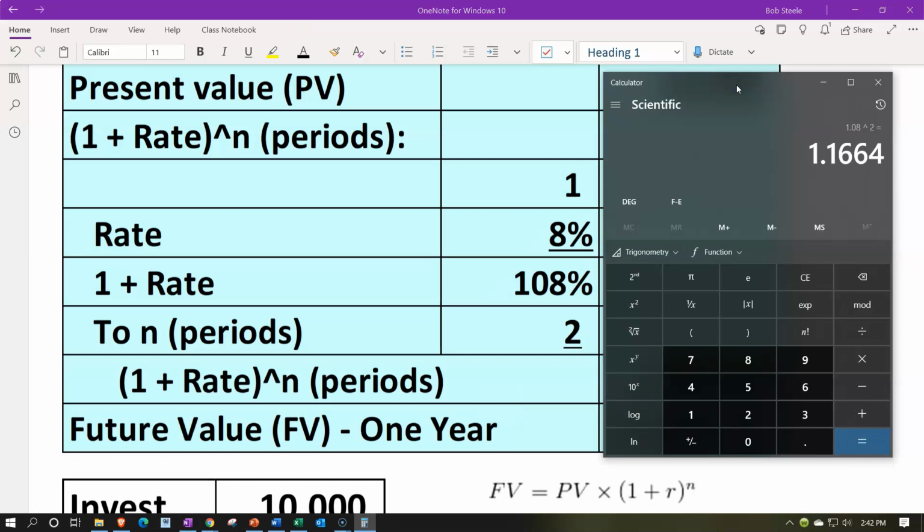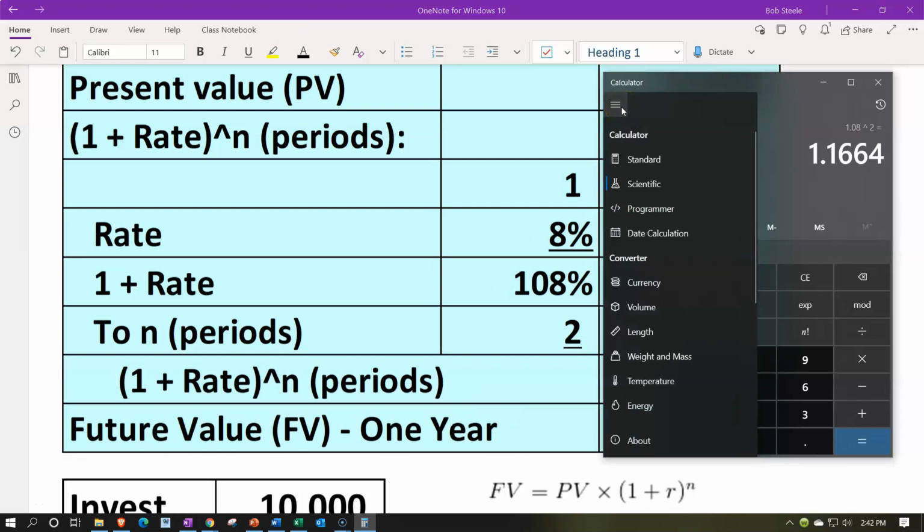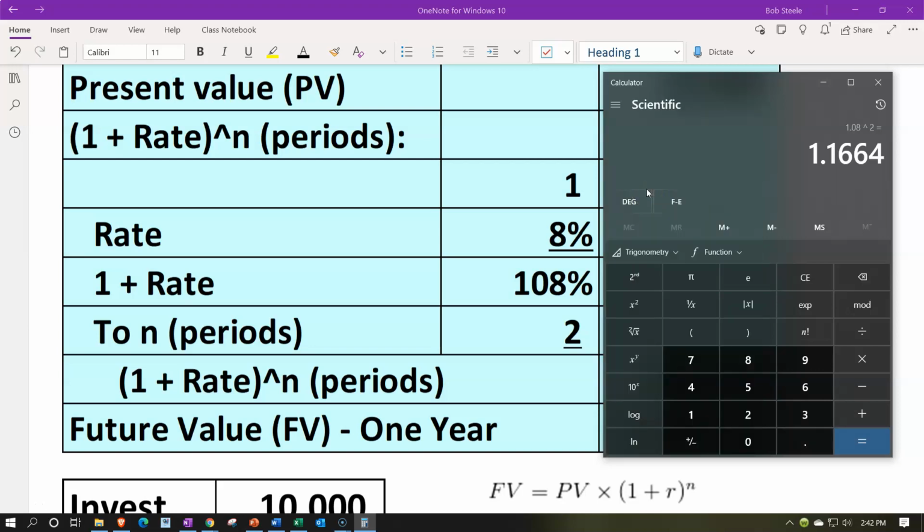So if we do this calculation, and I changed the calculator up top to a scientific calculator, so if you use a Windows program, they should have a scientific calculator so I can take it to the power of 2. We do have a power of 2 here, but I'd like to be able to do it to 3 next time. So I'm going to go ahead and take the scientific calculator out to do so. So once again, we'd have 1 plus the 0.08, and then we're going to say that's going to equal the 1.08.